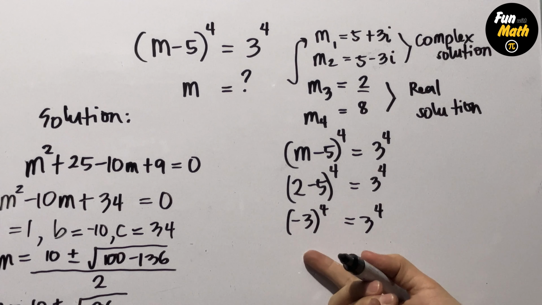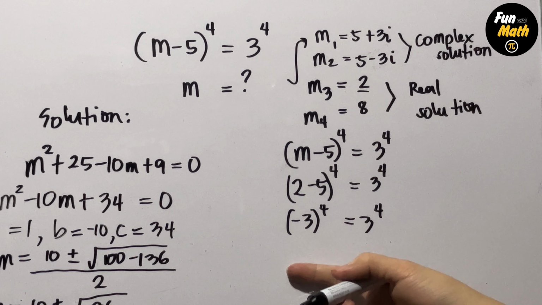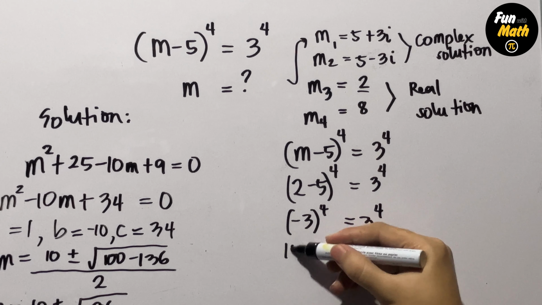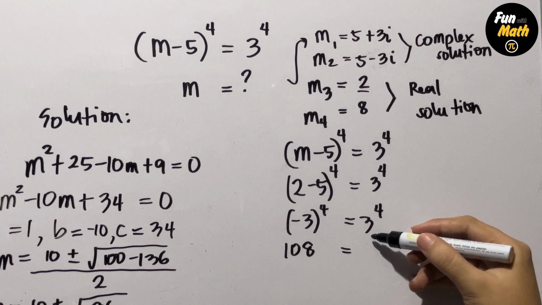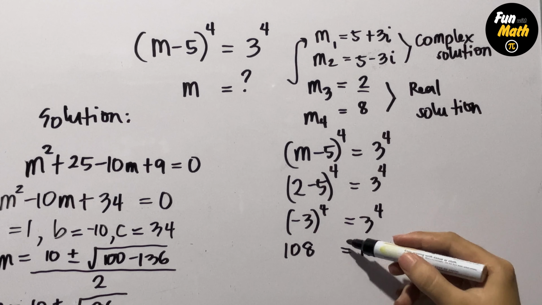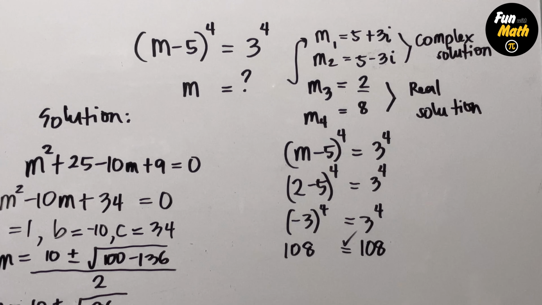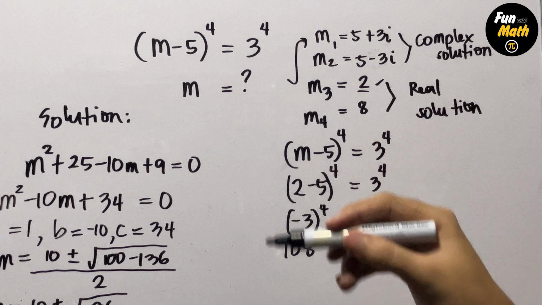Now negative 3 times negative 3 times negative 3 times negative 3, the answer would be 81 positive, and 3 to the power of 4 is 81 also. So that means they are equal. So m sub 3, which is equal to 2, is correct.